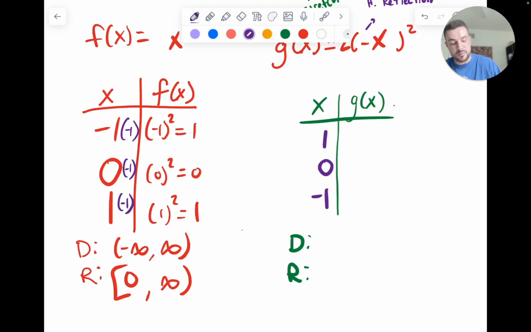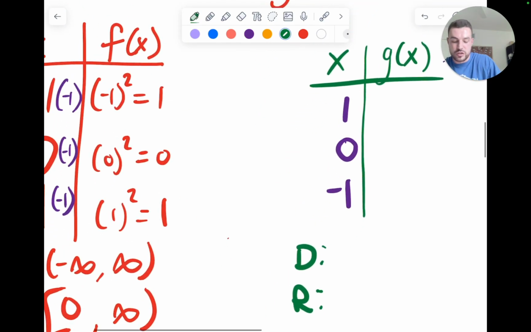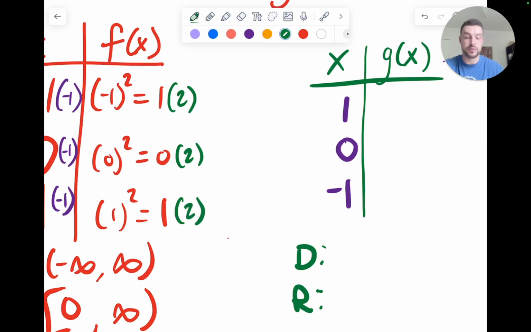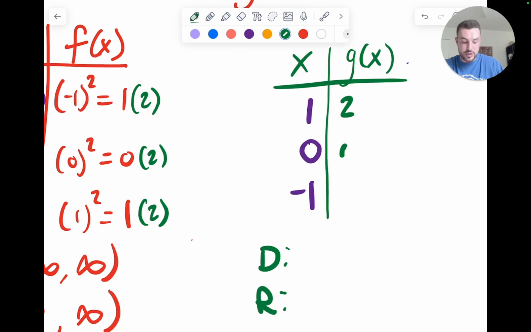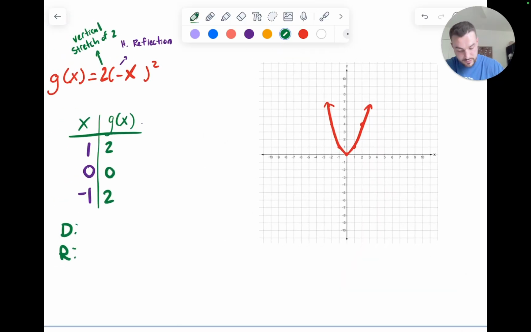And now I can apply my vertical stretch, which is 2. So I'm going to multiply by 2 to get 2, 0, 2. So if I plot my points, I get -1, 1, 2, 0, 0, -1, 2.